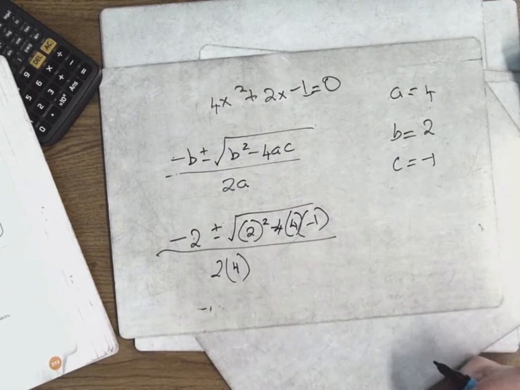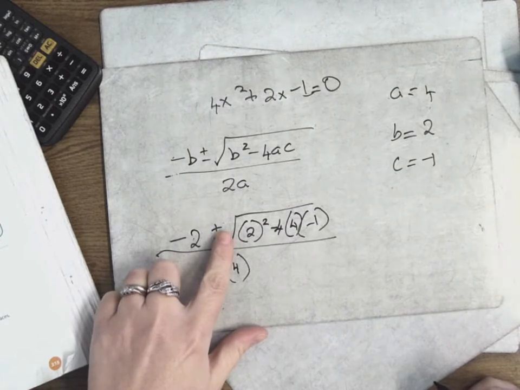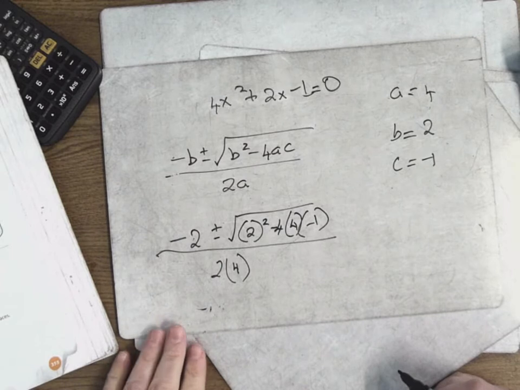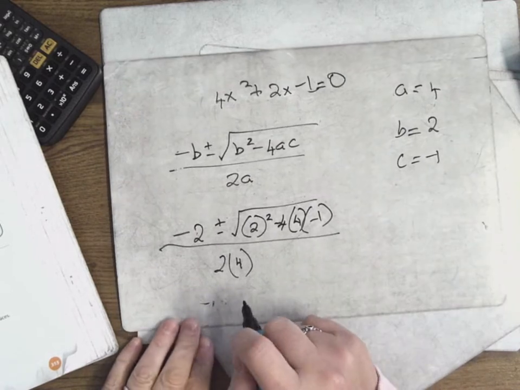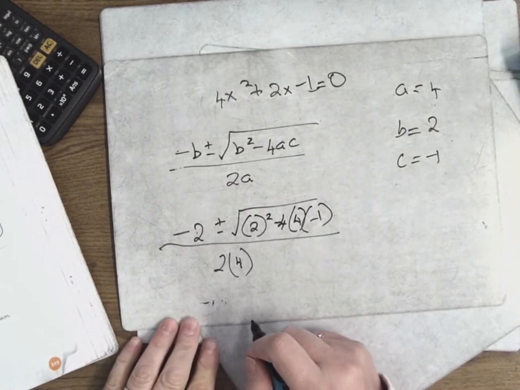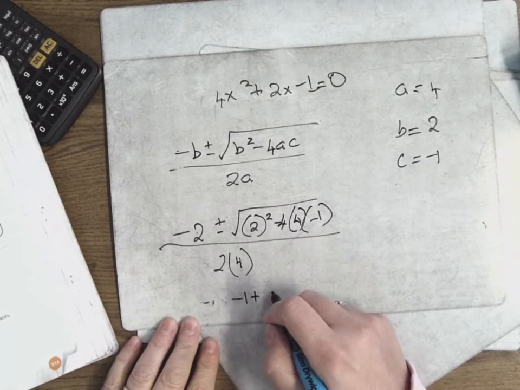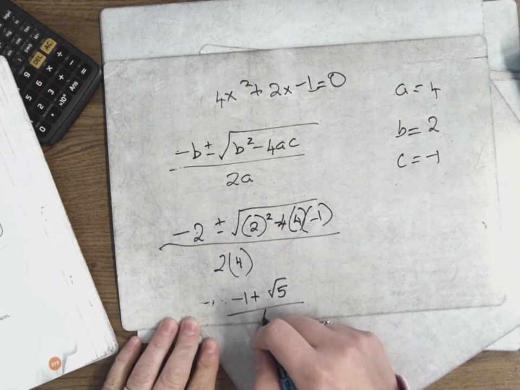Then straight to the calculator, put in the plus and press equals. That'd be 4 plus 16 is 20, the square root of 20, which would be written as minus 1 plus the square root of 5, all over 4.